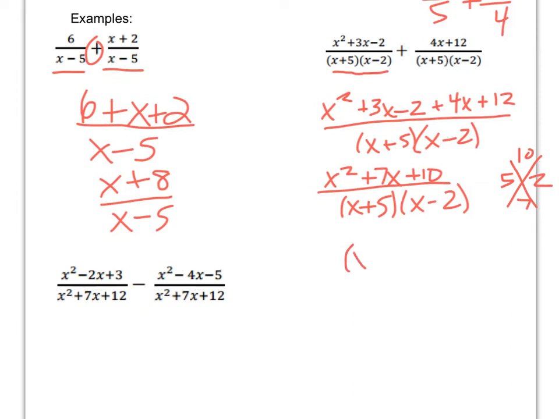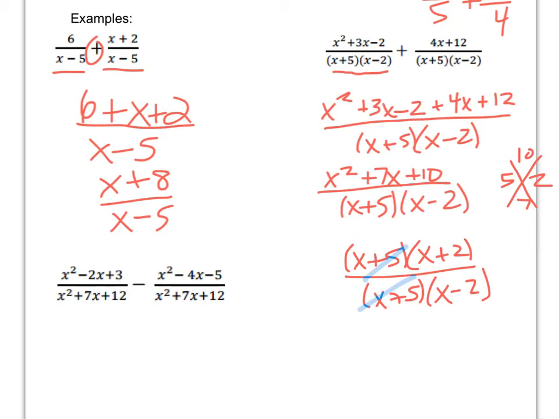So that gives me (x plus 5)(x plus 2), over my denominator (x plus 5)(x minus 2). And now I have a common factor that I can reduce to 1, which gives me a final answer of x plus 2 over x minus 2.